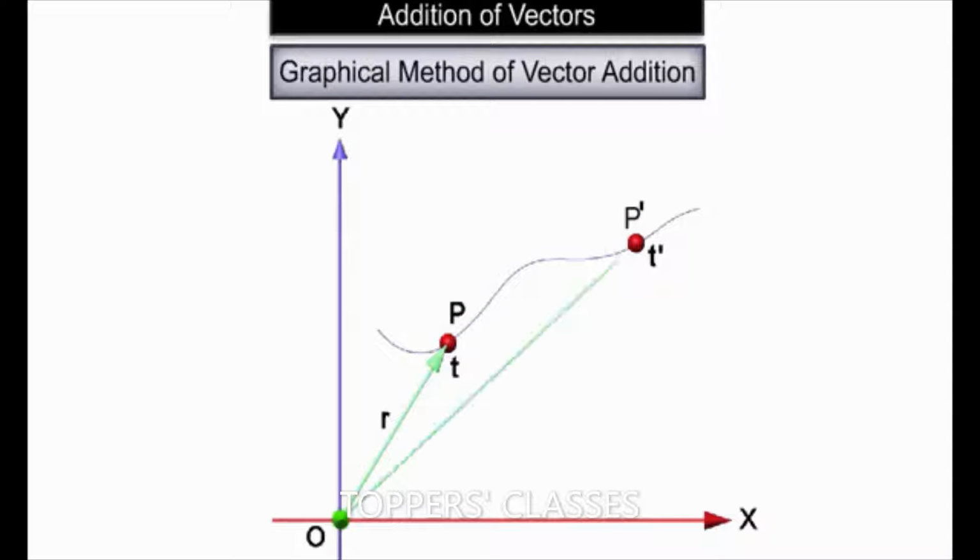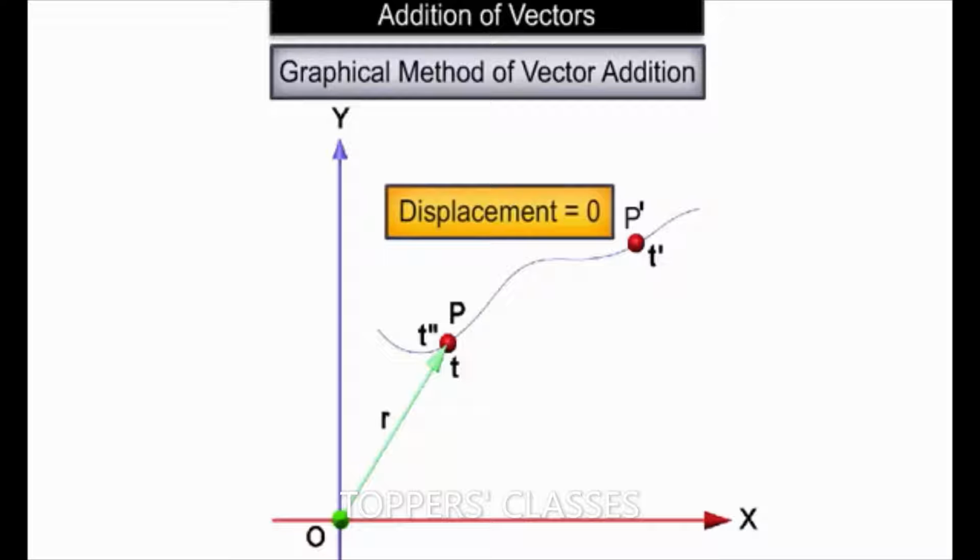From time t dash to t double dash, it moves back from position P dash to P. The displacement of the body during the time interval t to t double dash is 0. As the body has returned to its initial position, its displacement is represented by a null vector, which is just a point with zero magnitude and without any arrow.